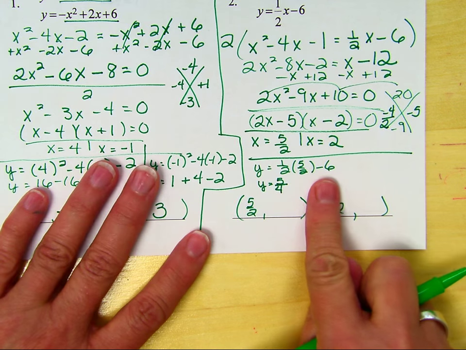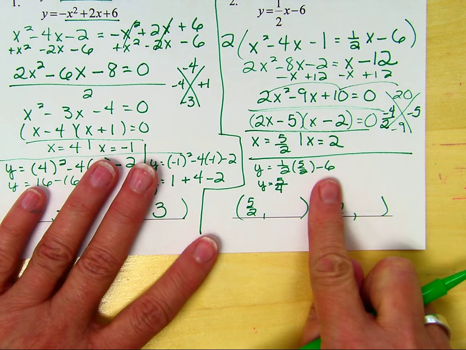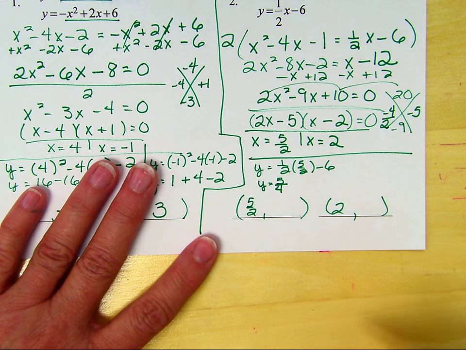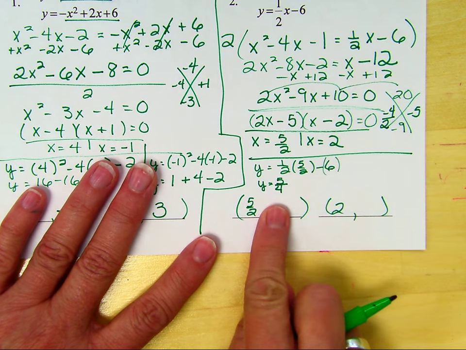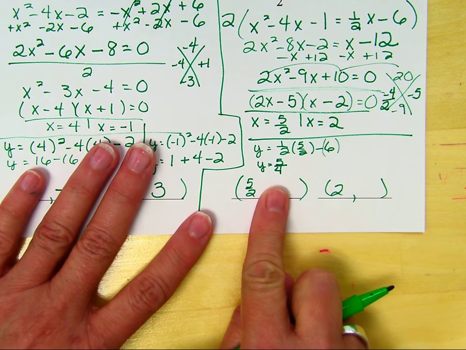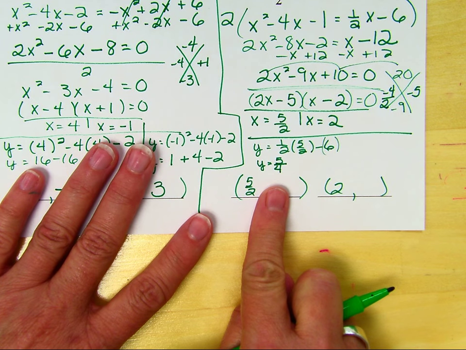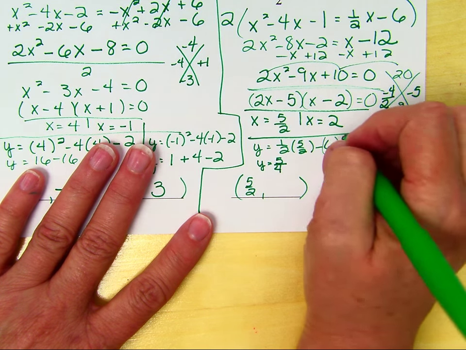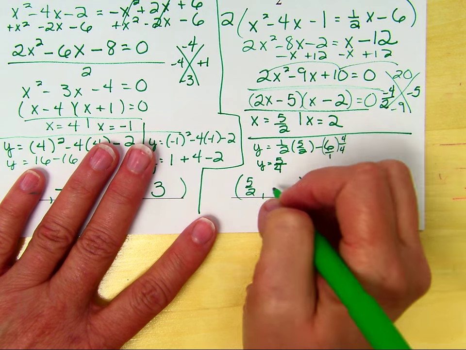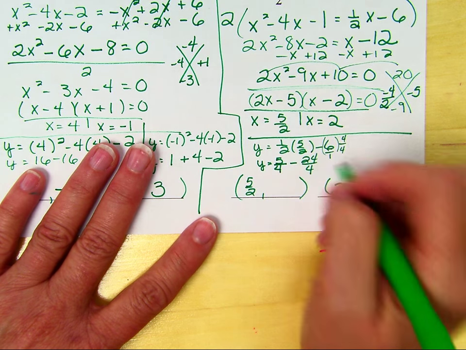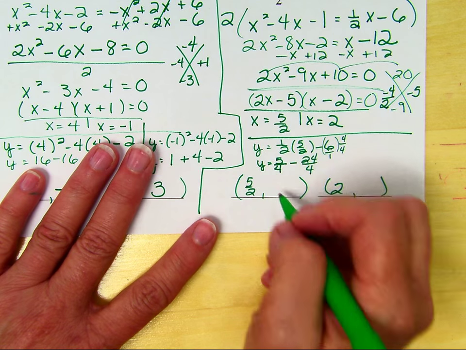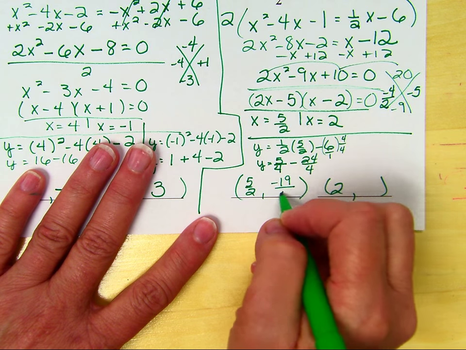And if I'm going to subtract 6, the 6 also has to have a 4 on the bottom. How could I rewrite 6 to have a 4 for the denominator? I'm going to multiply top and bottom by 4, and I get minus 24 fourths. So 5 minus 24 is negative 19 fourths.